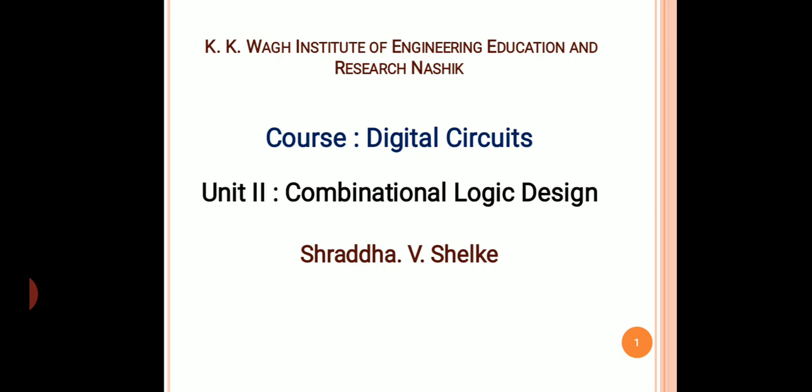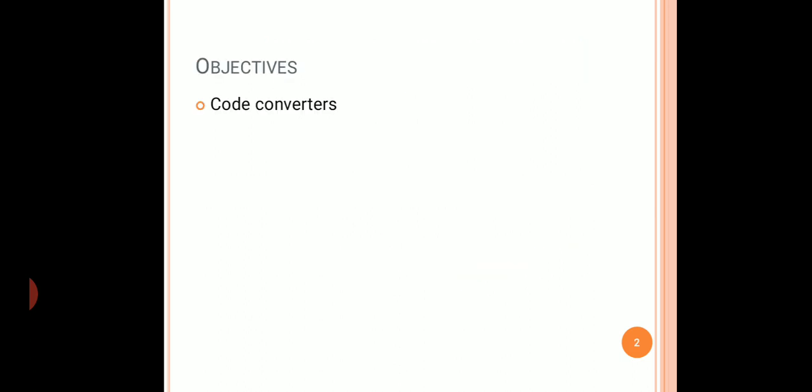In this lecture, we will discuss combinational logic circuits. Objectives of this lecture are to talk about code converters. Code converters are one type of combinational circuit.